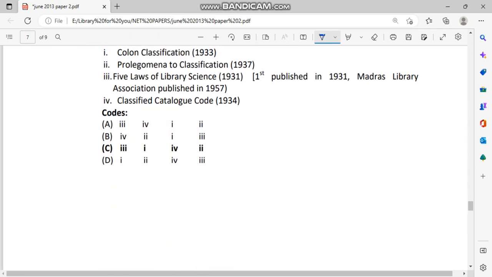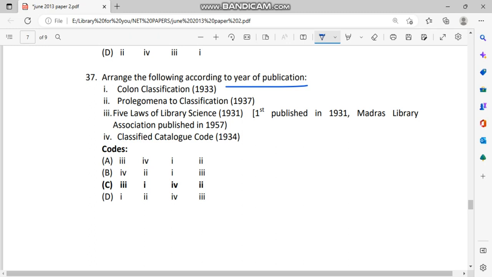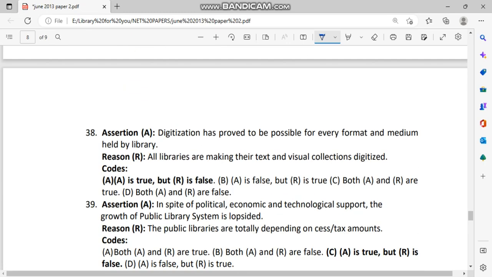Arrange the following according to their year of publication. First, Five Laws of Library Science in 1931, then Colon Classification in 1933, then Classified Catalogue Code in 1934, and last Prolegomena to Library Classification in 1937.